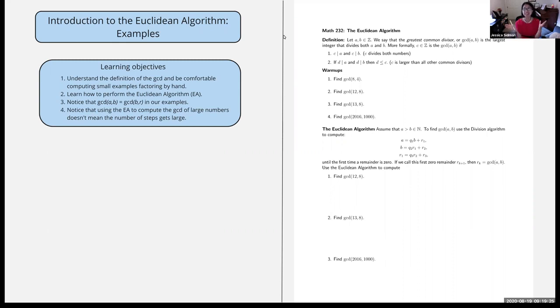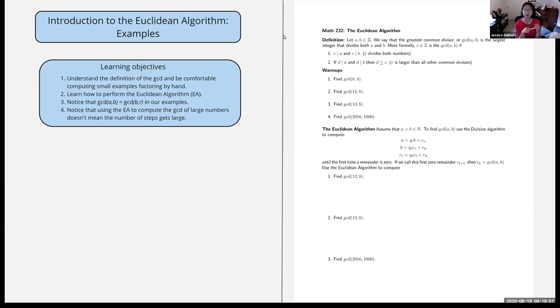All right, so let's look at a couple definitions. First, there's the definition of greatest common divisor. If I have two integers, their GCD is the largest integer that divides both A and B. More formally, an integer C is the GCD if C divides A and C divides B. That's the part saying C is a common divisor, or it divides both numbers.